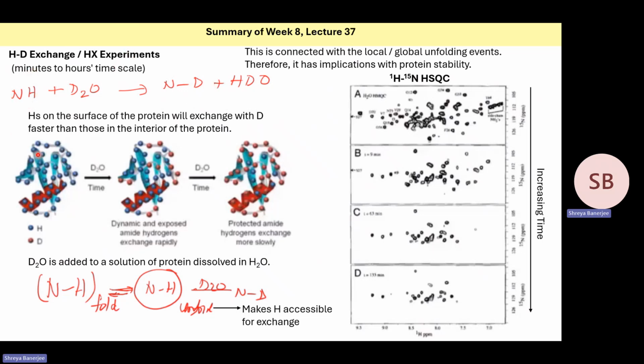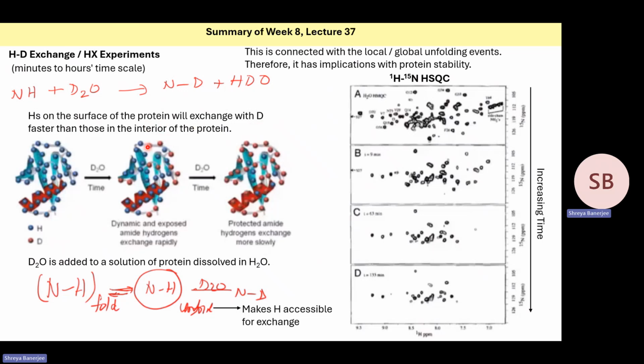Now you have a protein that is shown here. The blue balls are hydrogen and the red balls are deuterium. Initially, all are H. Now you are adding D2O and allowing time to exchange. At one point, you will see that some hydrogens have been replaced by deuterium, and initially only the hydrogens on the surface will exchange with the deuterium.